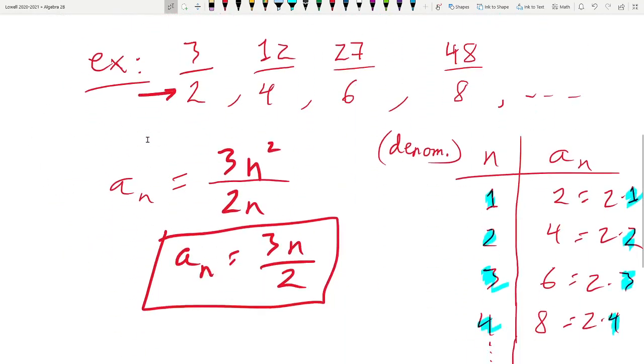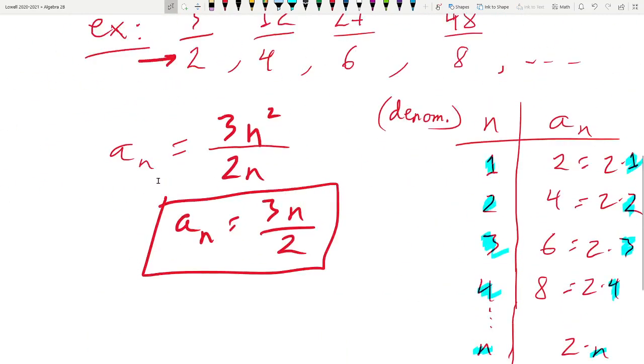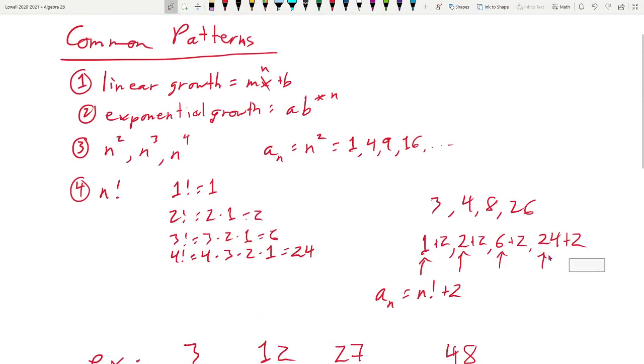In this case, we did it by noticing it's just 3 times all the perfect squares. Or we saw up here it's simply the factorials, plus a constant, plus 2. So that's a couple of my tips and tricks, if you will. Hopefully this is helpful, and I'll catch you in the next video.